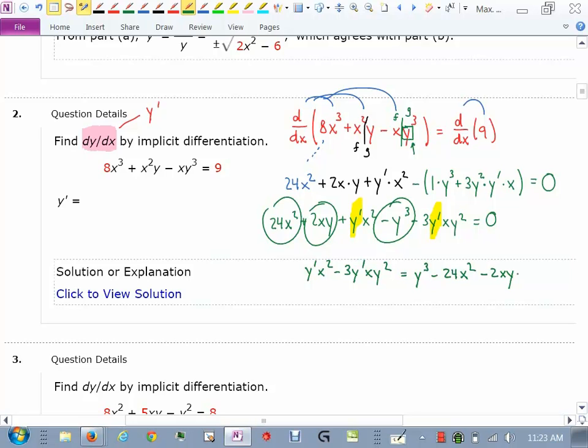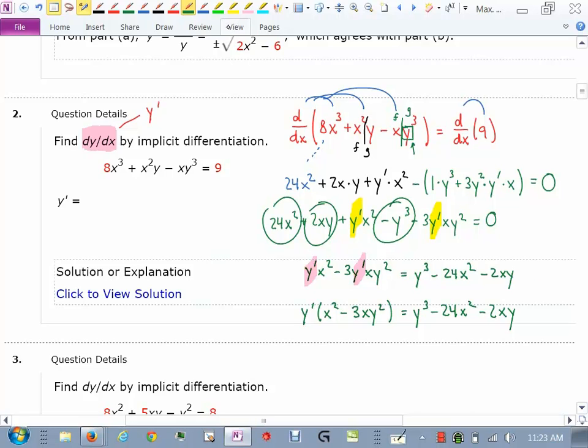And now on the left side of the equation, since these both have y primes in it, I can factor out a y prime, be left with x squared minus 3xy squared equals y cubed minus 24x squared minus 2xy.